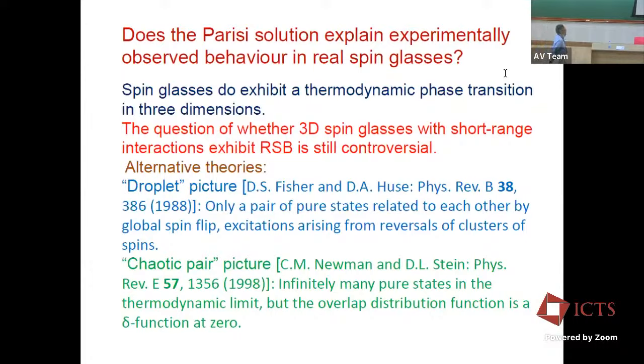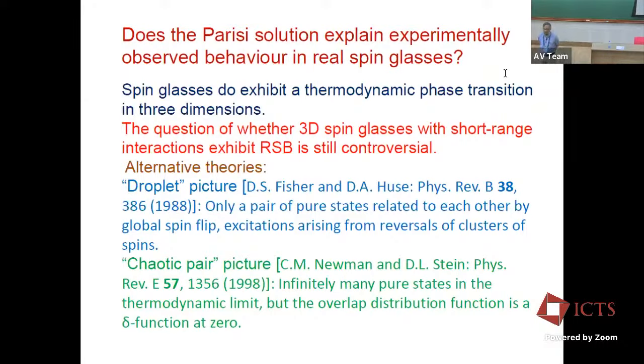As a result, you have to use this order parameter, which is a function of a variable, et cetera, to describe that phase. To what extent that kind of a description is required for the 3D model with short-range interactions.